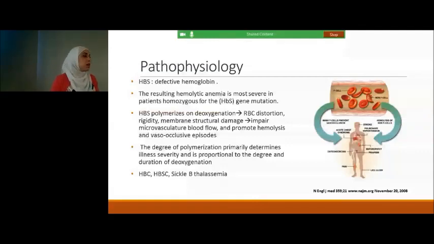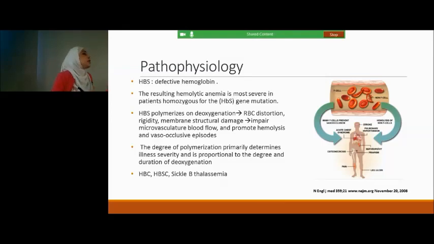Now, as you know, the worse the polymerization, the worse the hemolysis, which indicates worse stressful conditions and worse deoxygenation.